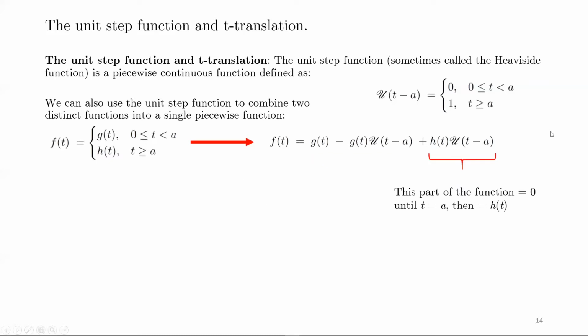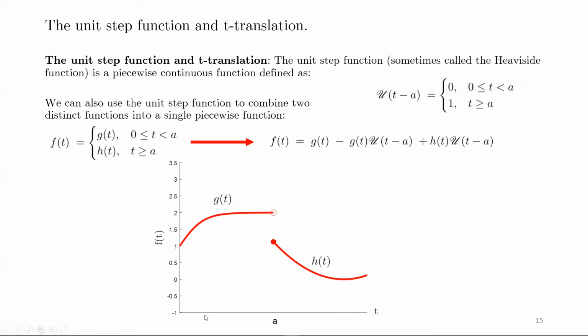And similarly, this part of the function is equal to 0 until t equals a, and then the unit step function becomes 1. And so for t equals a or greater, this function is just equal to h of t. And so if I plot that, for t less than a, I have the function g of t. And then as soon as we hit t equals a, I jump onto the second function h of t.